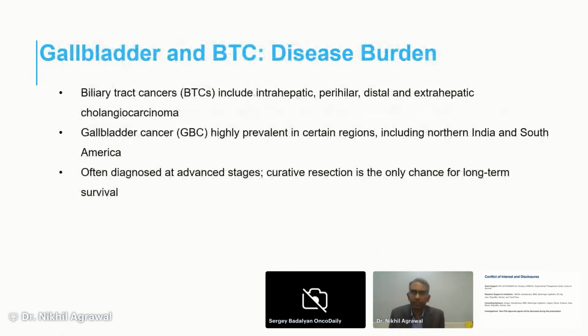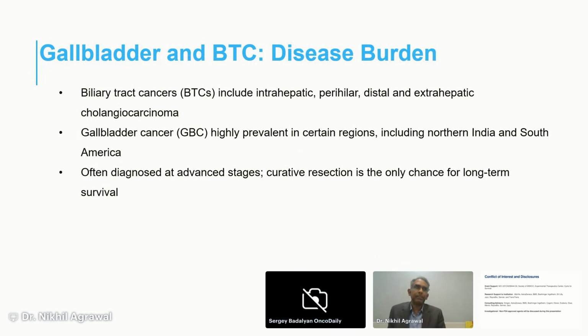When we talk about biliary tract cancers, we talk about gallbladder cancer, perihilar cholangiocarcinoma, intrahepatic cholangiocarcinoma, and distal cholangiocarcinoma. In our part of the world, gallbladder cancer is quite common. So this is the most common biliary tract cancer we see, but probably the Western audience sees more of perihilar cholangiocarcinoma and distal cholangiocarcinoma.